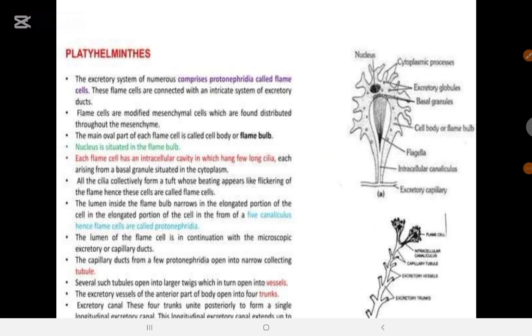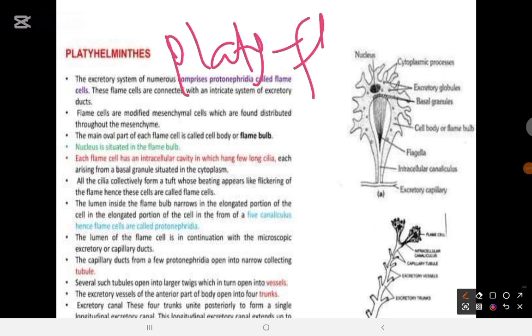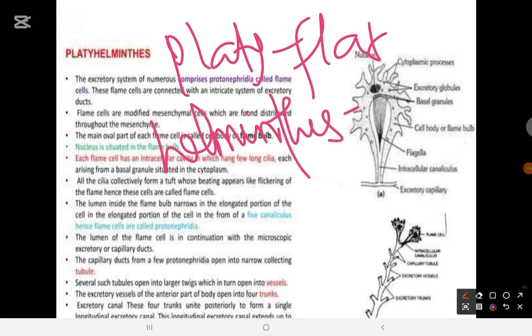Now, platyhelminths. The word platy means flat, and helminths means worms. So basically we call them flatworms. Flatworms are more advanced than the other ones we have seen, more advanced than sponges and the cnidarians, which are Hydra and sea anemones.